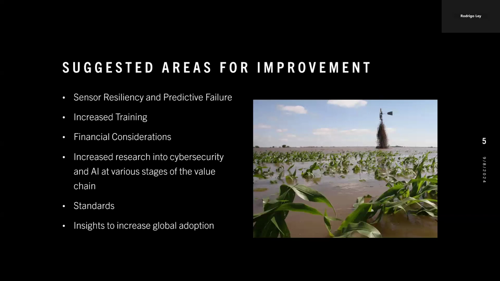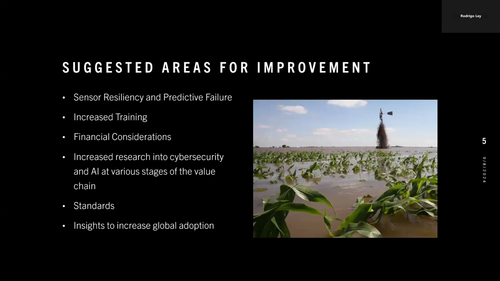And then finally, even though we did mention it in this presentation, we still had a sense of a lack of focus, a lack of papers on increasing and driving global adoption of IoT.